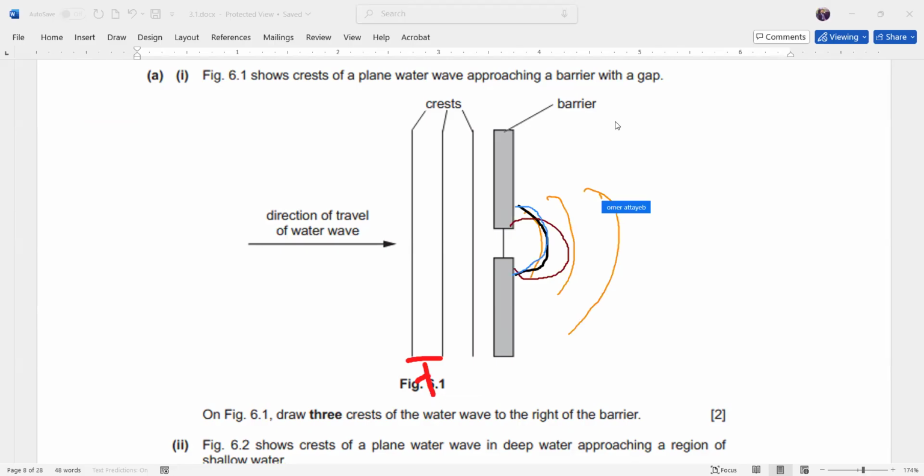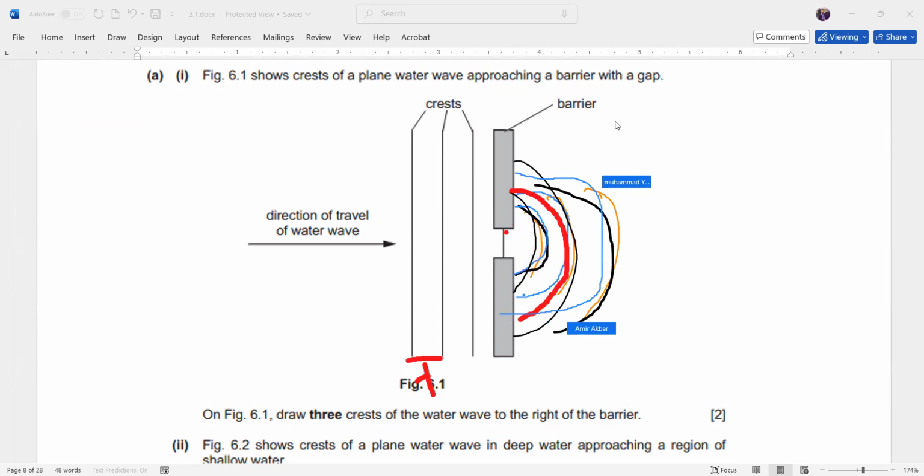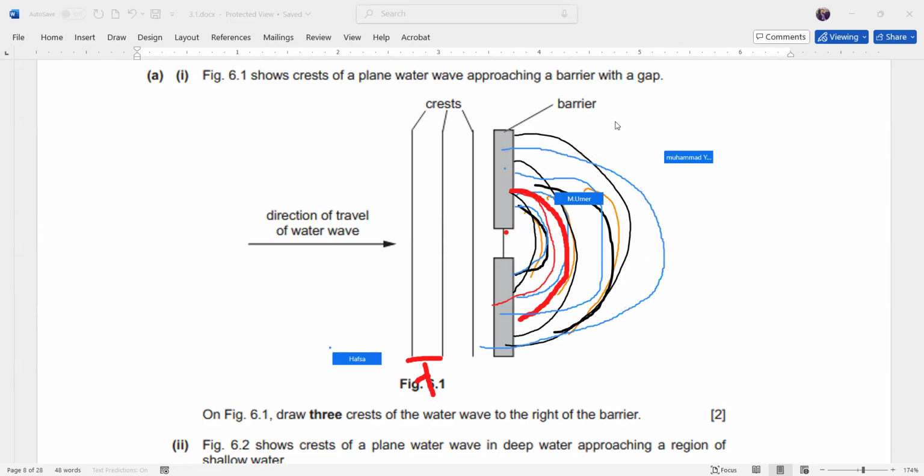If you compare the wavelength and the gap size, it looks approximately the same, which shows the wave is spreading out.